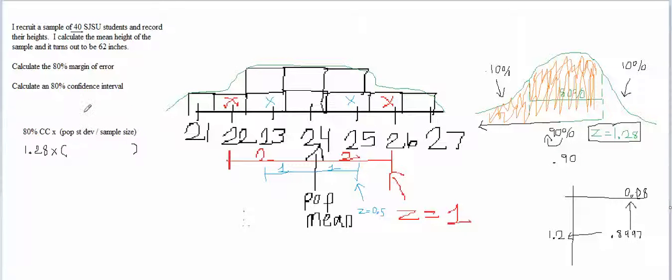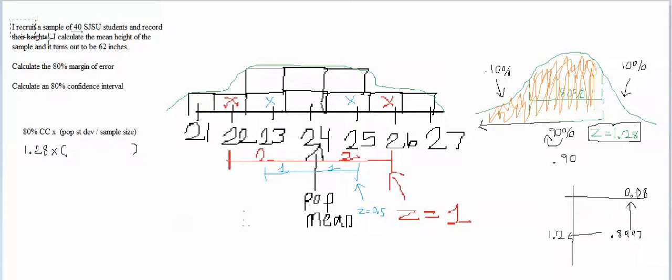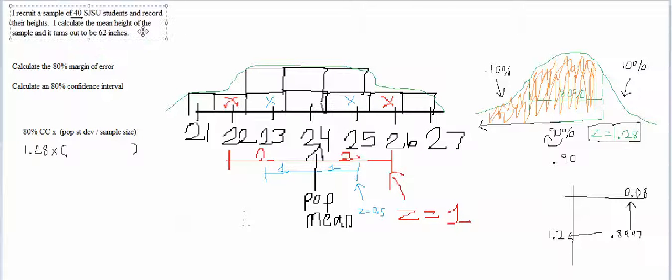How do we know what the standard deviation of the heights of all SJSU students equals? Well, since this is just a made-up problem, we could hypothetically say that somehow we know what it equals. What if I told you the population standard deviation equals 2.8?